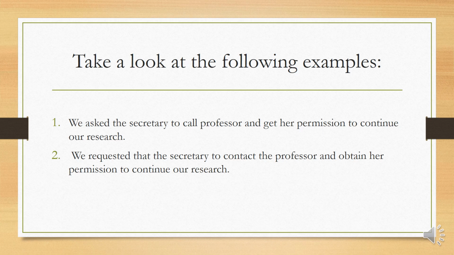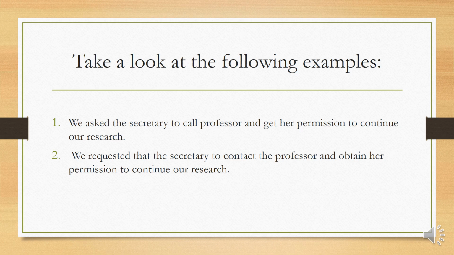For example number 1, they use the word ask, and for example number 2, they use the word requested. For example number 1, they use the word call, and for example number 2, they use the word contact. For example number 1, they use the word get, and for example number 2, they use the word obtain.